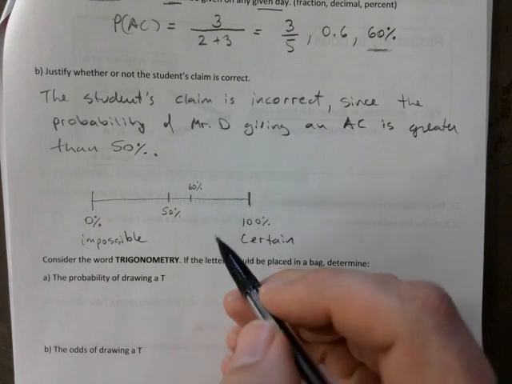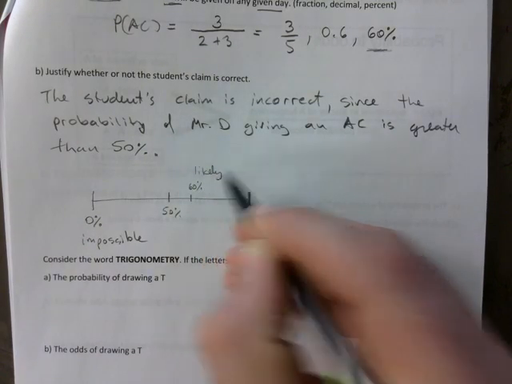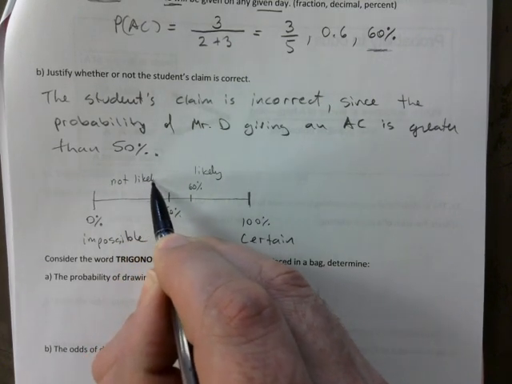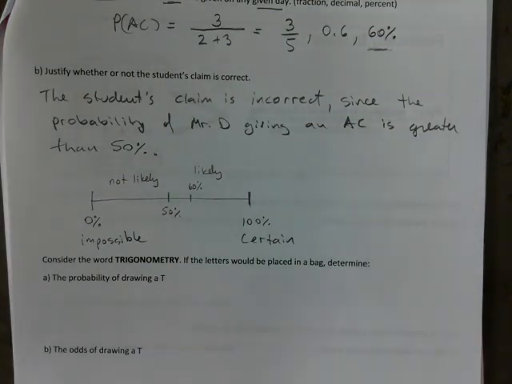Okay. This is likely. This is not likely. If you're anywhere under the 50% mark, we would consider it not likely. If it's over 50%, then there's a greater chance of it happening than it not happening.